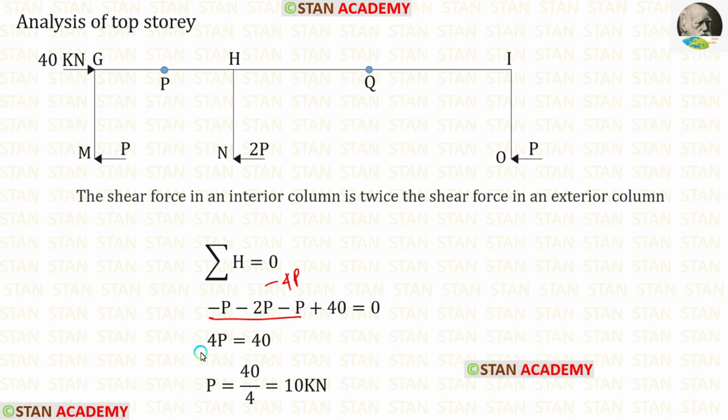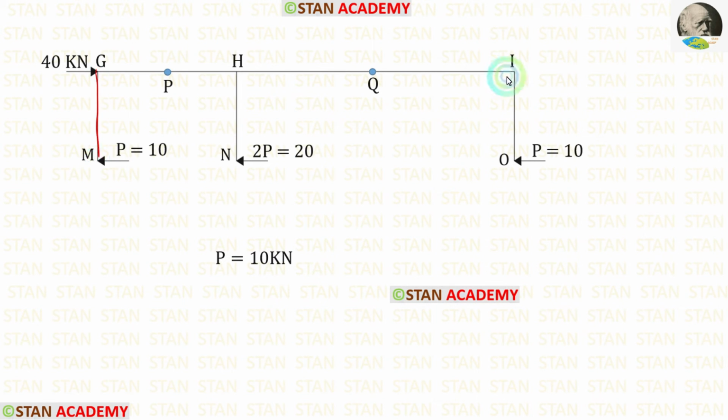When we take minus 4P to the other side, it will become positive. Finally, for P, we are getting 10 kN. So, in the exterior columns, the shear force will be 10 kN, and in the interior column, it will be 20 kN.